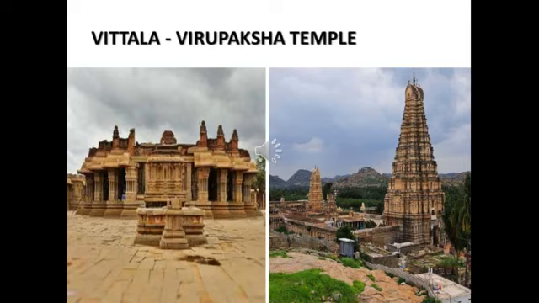Then which inscriptions provide detailed information about village administration? Yeah, Uttiramerur. Where is it located? In Kanchipuram district. Yeah. How was the land gifted to Brahmins called?